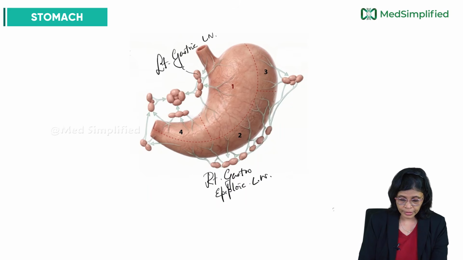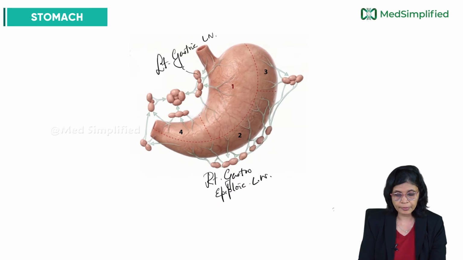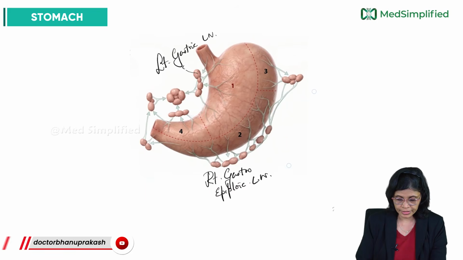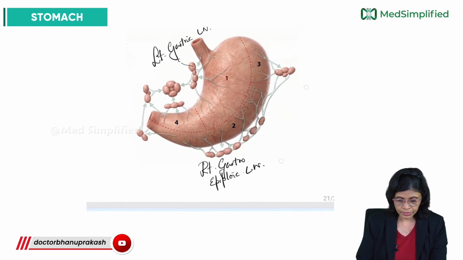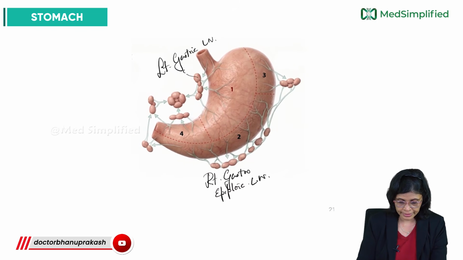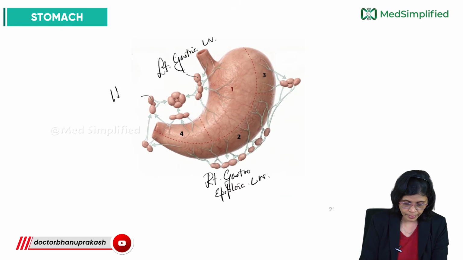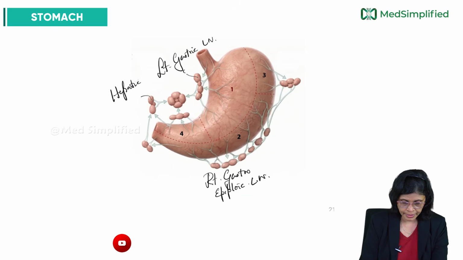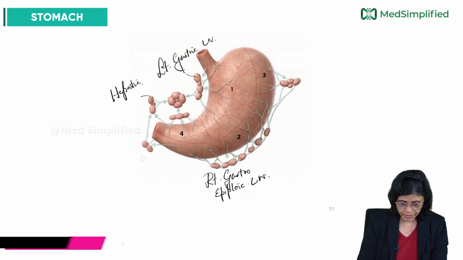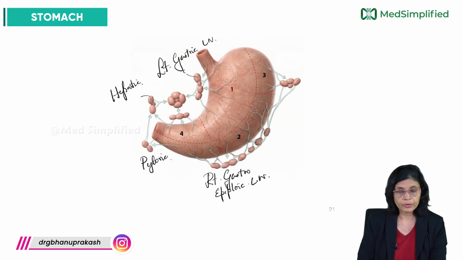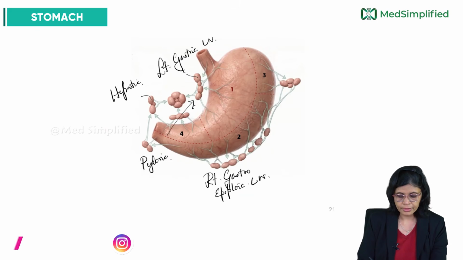Then from the pyloric part, the lymph drains into 3 regions. It drains into the hepatic group at the porta hepatis, into the pyloric group just below the pyloric orifice, and also into the left gastric lymph nodes.